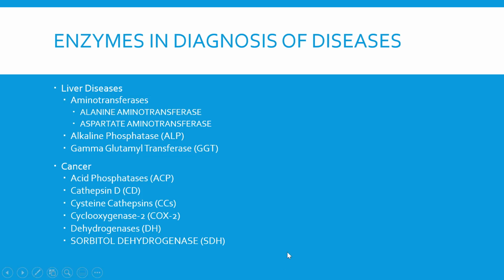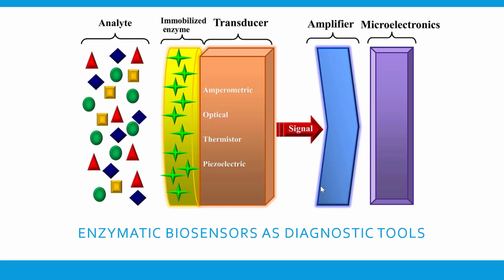Next we are entering into another subtopic, that is enzymatic biosensors as diagnostic tools. So what do you mean by biosensors? First of all, you should know what a biosensor is. A biosensor is an analytical device that incorporates biological or biologically derived sensing material in close proximity to the physiochemical transducer.